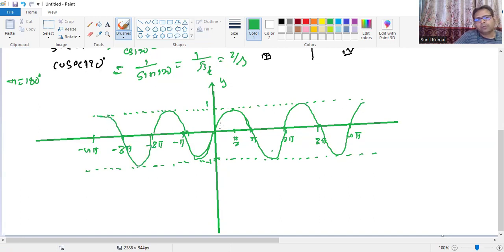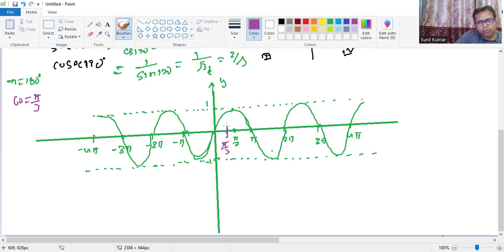Okay, so now the concept is: we have to show how the sine 60 value is equivalent to sine 120. We know that here we have pi by 2, which is 90, and 60 degrees is equivalent to pi by 3. So pi by 3 is going to be somewhere here. Suppose this point is pi by 3.